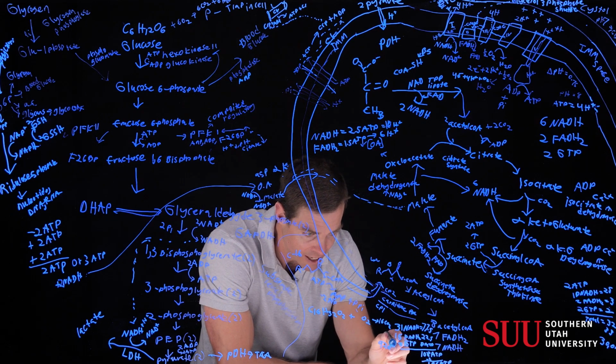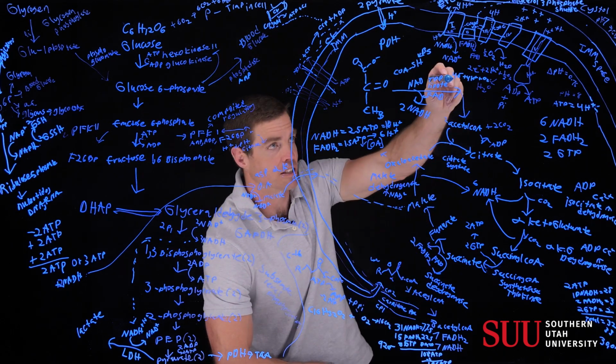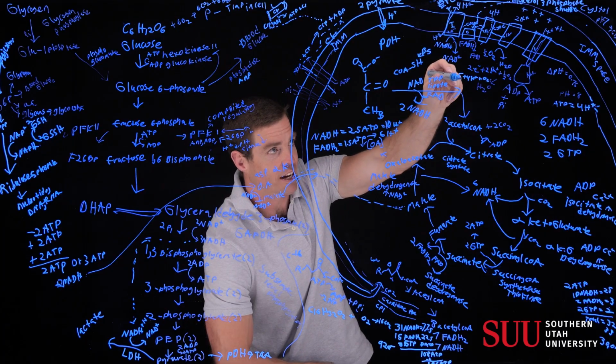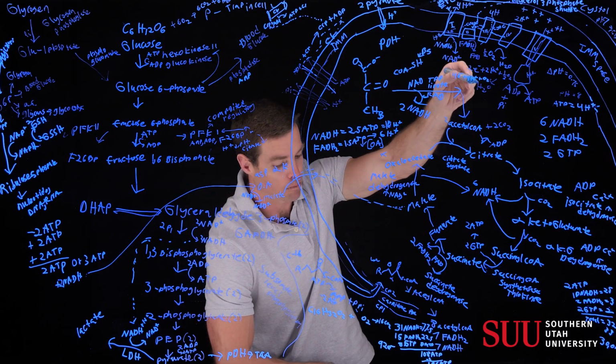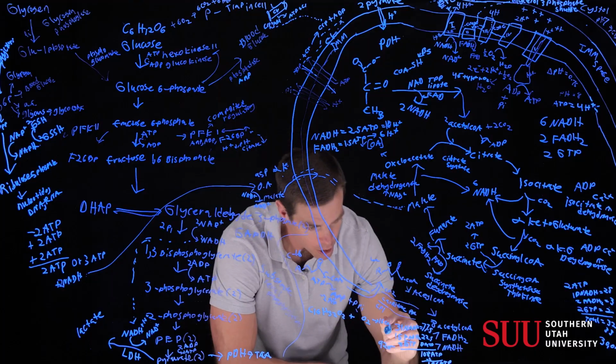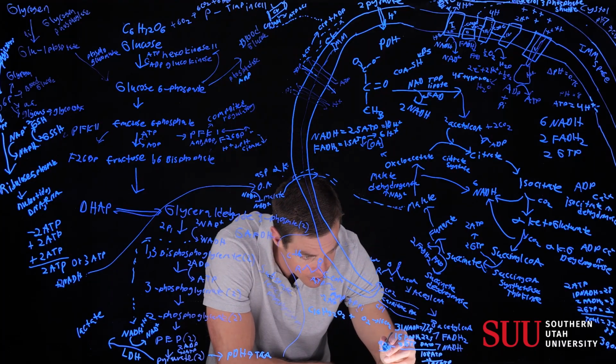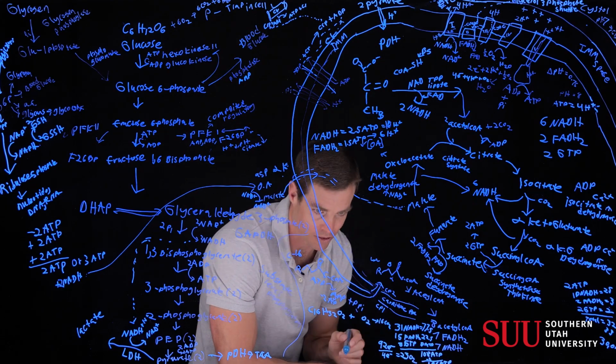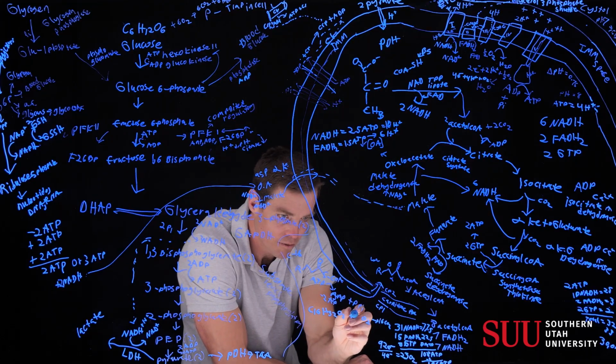Now, using this equation, you have 4 electrons per oxygen molecule, right? So we take 92 and divide it by 4 electrons, and 92 divided by 4 gives you 23 oxygen molecules. So 23 would go right here.